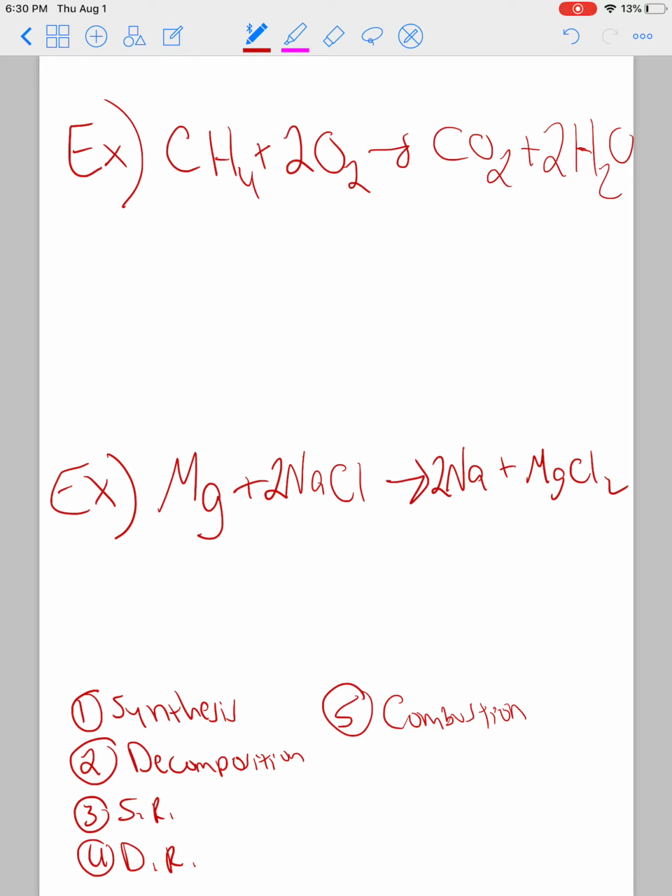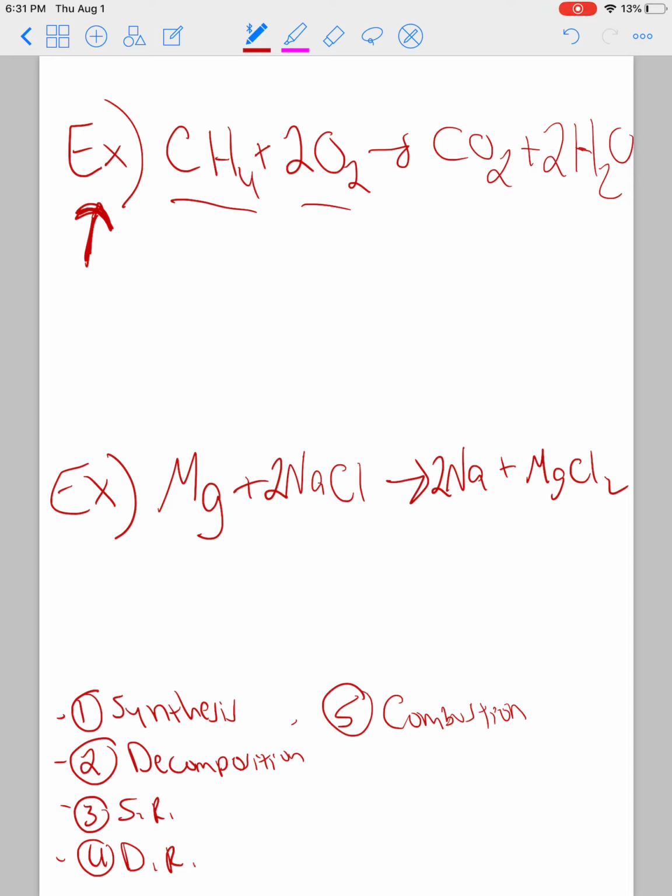Okay, so I'm going to go over the definitions of each of these, and then I want you to be able to be aware of which definition matches this example right here. So synthesis is when 2 single elements come together to make one new product. Do we have 2 single elements here?